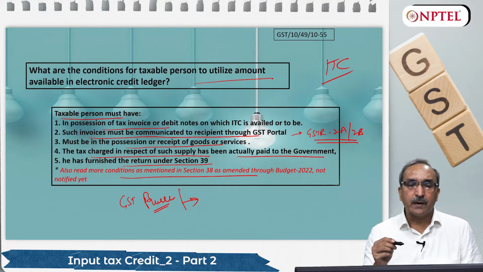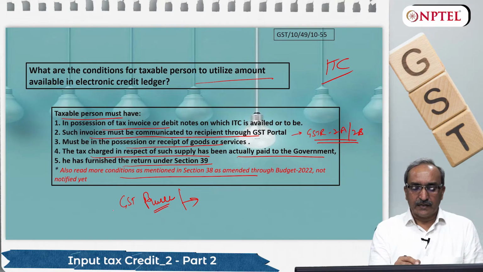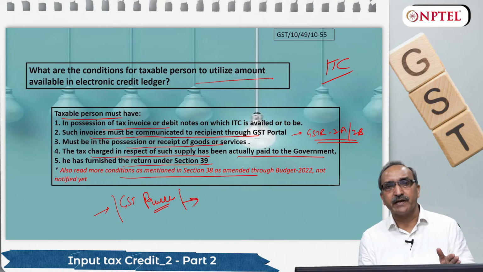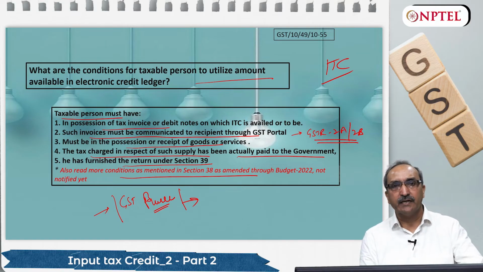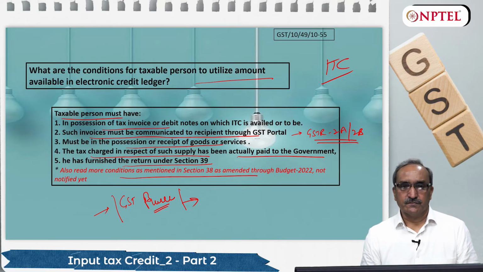You have to comply with each and every provision of the law when availing this benefit, because ultimately whatever ITC you are using, you are using government money. Tax was paid by your supplier to the government and it is now in the government account, and whenever you withdraw this amount to pay your own tax, you are withdrawing money from the government. So government money is very tough to use.